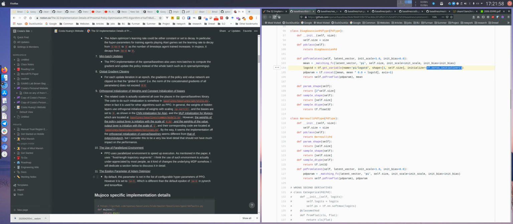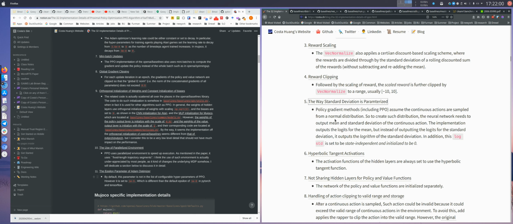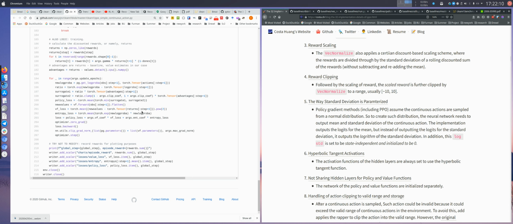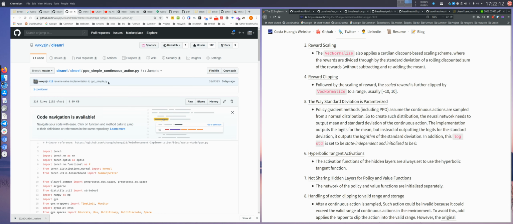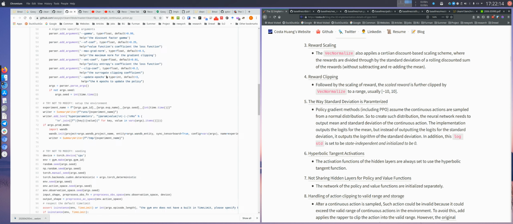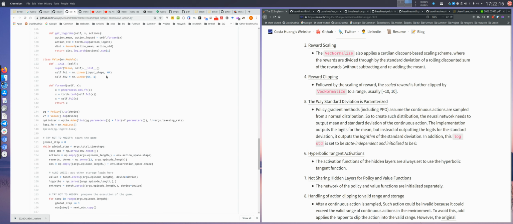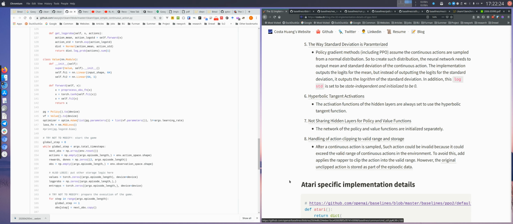So that is an additional interesting detail, and quite anecdotal findings. When I was implementing this thing, I believe ppo_simple_continuous_action.py, it turns out for me, the logarithm of the standard deviation seemed to be important. So that's that.